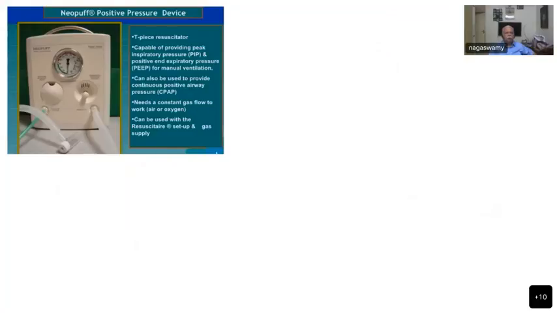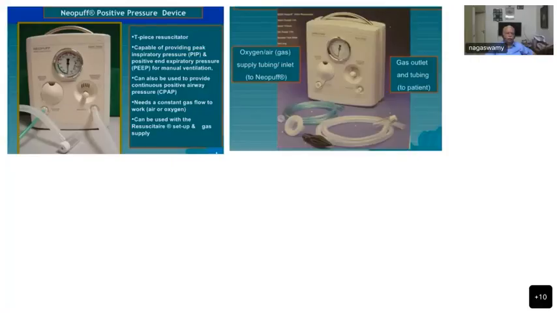And there are machines available nowadays which take away the fatigue of your hand trying to oxygenate the patient. The Neopuff positive pressure device is there. You have a patient circuit and all the gadgets, so it can deliver oxygen and the gas mixture, air mixture.